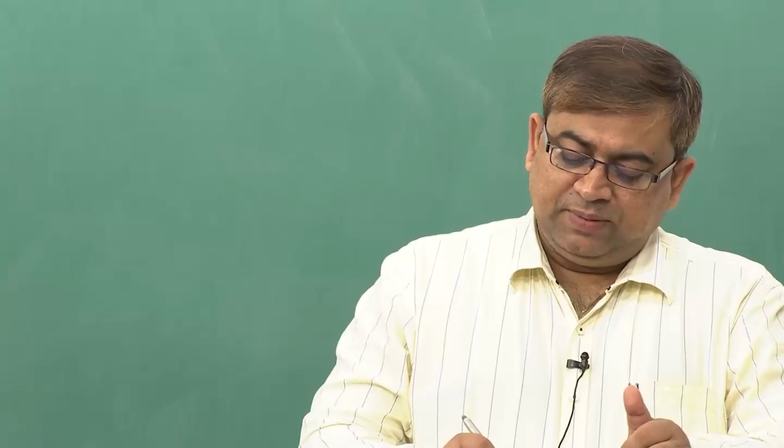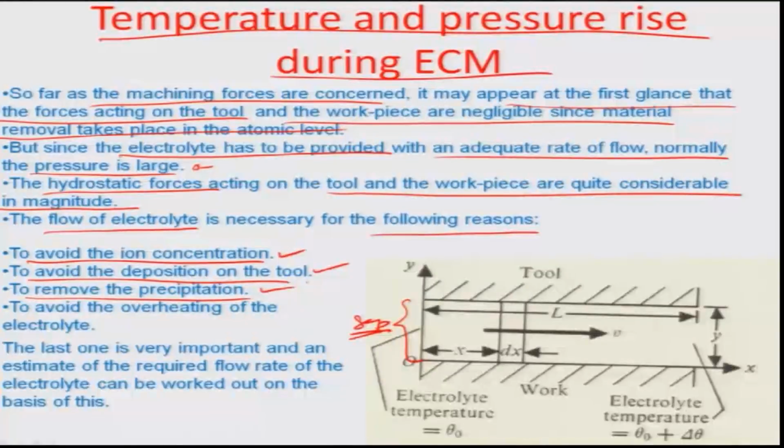It should be able to remove the precipitation, because the ECM process is all about ferrous converting into ferrous hydroxide and getting precipitated. So, somebody has to be able to sweep away the precipitate which is getting formed. So, flow is very important for that aspect, and then obviously to avoid overheating of the electrolyte and to also ensure that the pressures are within a reasonable level, you need to ensure that the electrolyte flows at a pre-designed value.